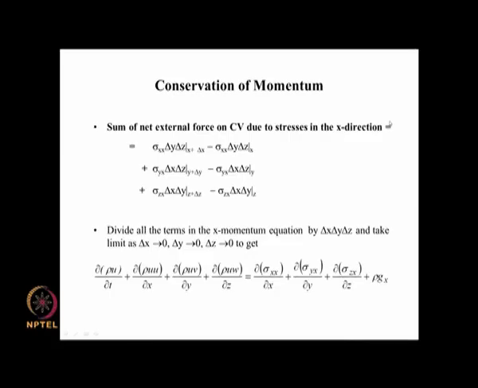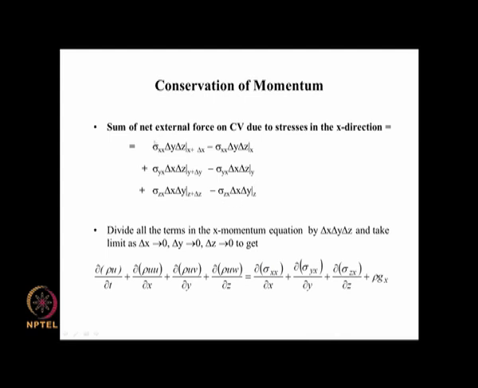So, this is equal to sigma xx at x plus delta x times the area delta y delta z, minus sigma xx at x times delta y delta z, plus sigma yx at y plus delta y times the area, minus sigma yx at y times the area.